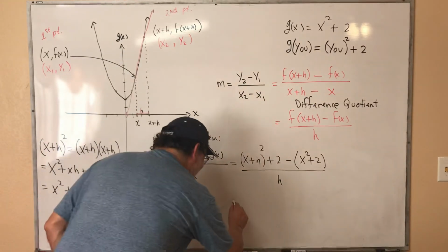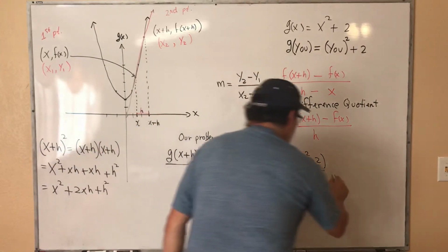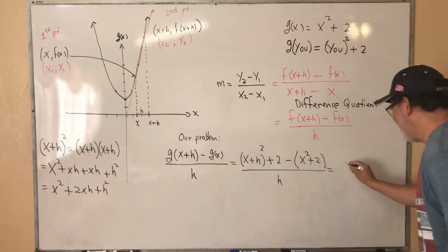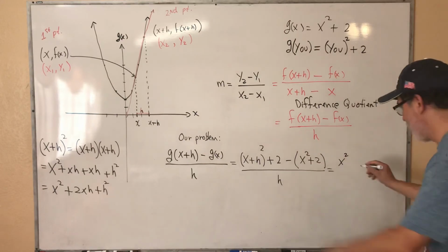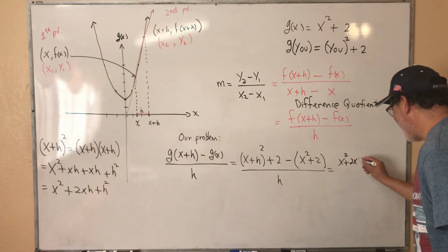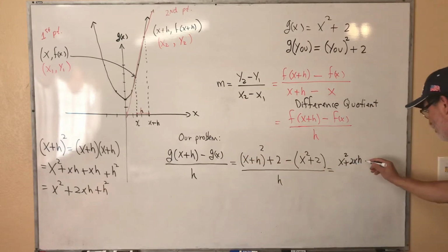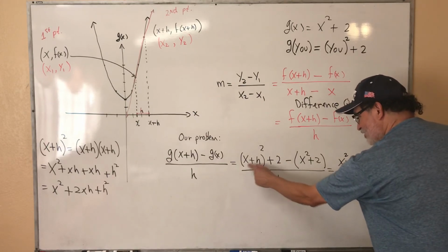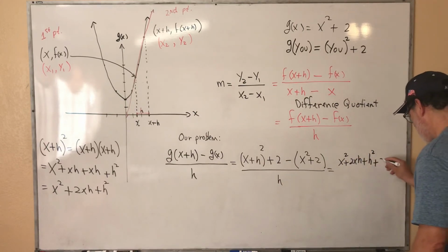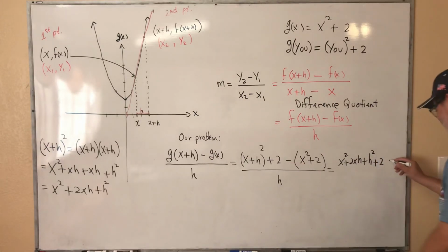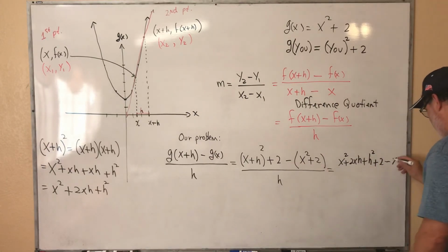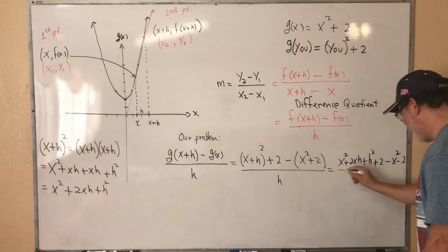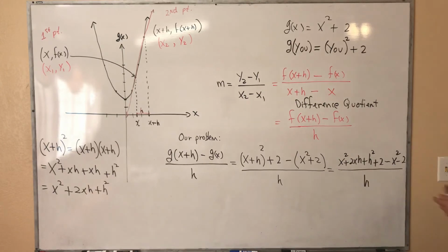I'm running out of room, okay? So this one right here is all of that. It is x squared plus 2xh plus h squared. And now I did this plus 2 minus x squared minus 2 all over h.